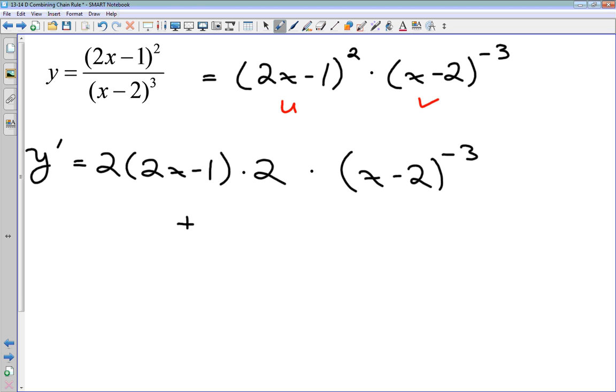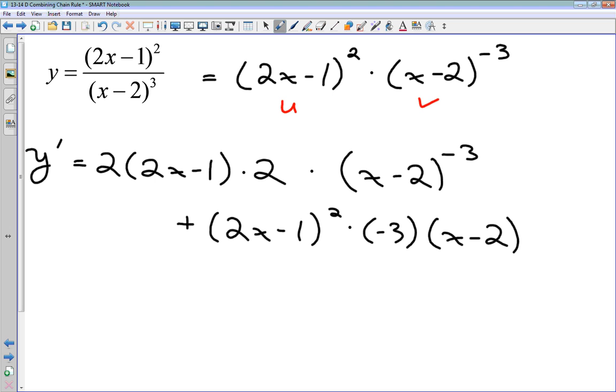To this, we are going to add our original function u, 2x minus 1 squared, times the derivative of v. So derivative of v, using the chain rule, we're going to bring down that negative 3. Keep what's inside exactly the same, x minus 2. Subtract 1 from our exponent. It's a negative exponent, so when we subtract 1, we get negative 4.